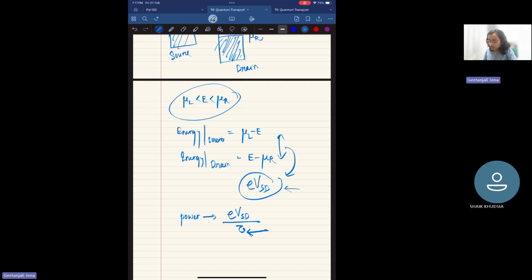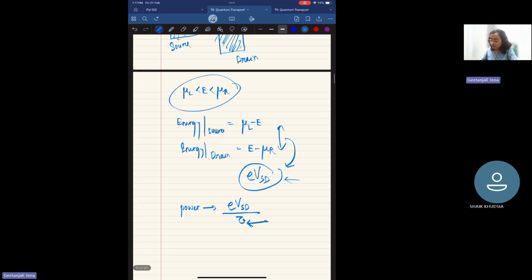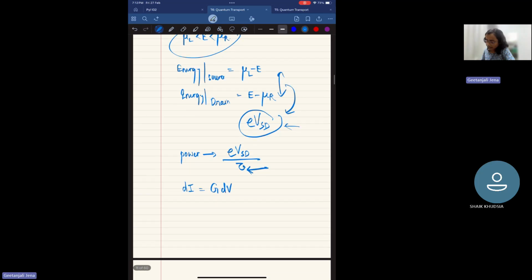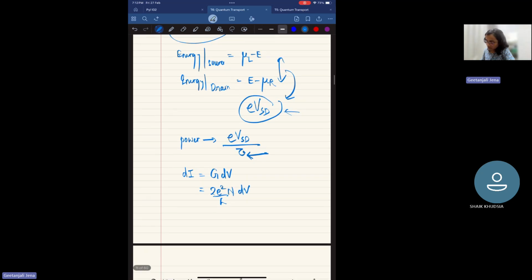For that, we can take the expression for the current. For a small current dI from source to drain, you can write dI as conductance times dV. And conductance is 2e squared by h times N, times dV.